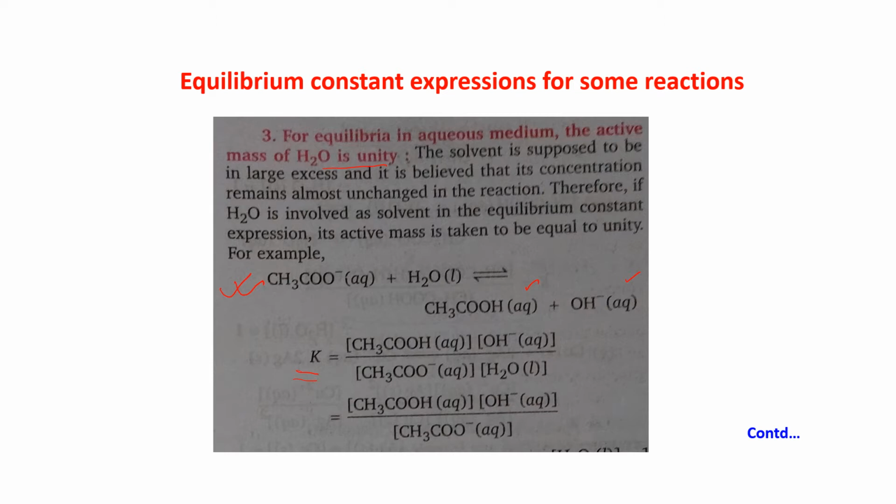So we are getting this expression. Here you can see that this H2O is in the liquid state. We will take it as unity. So what we are getting? CH3COOH aqueous and OH minus aqueous, divided by CH3COO minus aqueous, all the concentrations we are taking, that is your equilibrium constant.